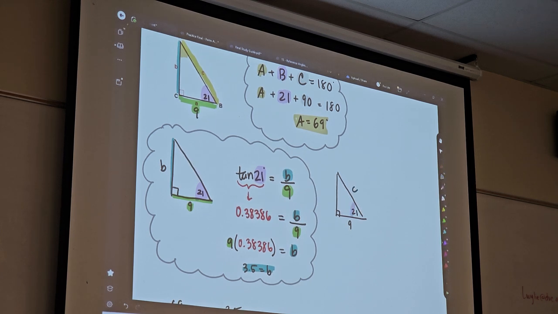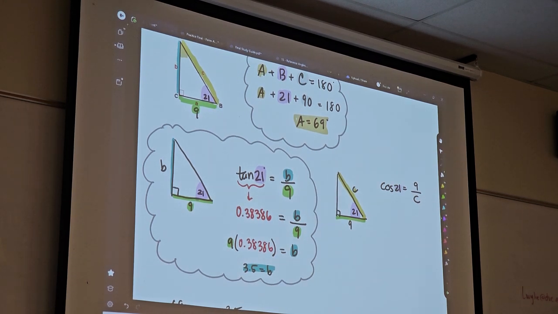What trig function relates 21 degrees to 9 and C, adjacent over hypotenuse? That is cosine. Cosine 21 is 9 divided by C. This is a two-step equation.